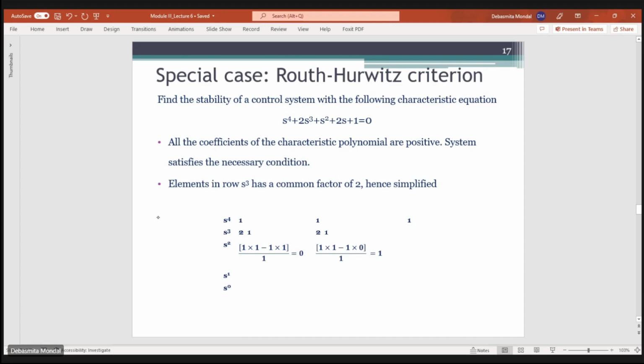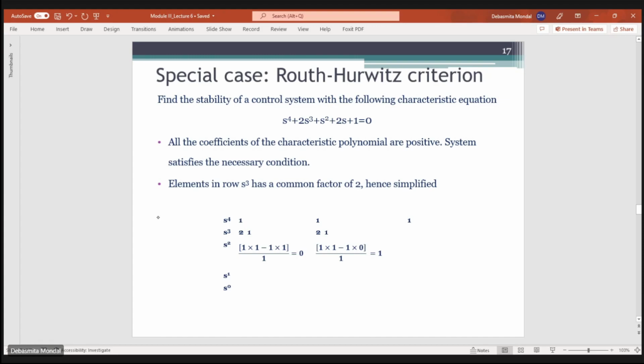Suppose you have this equation: s to the power 4 plus 2 s cube plus s square plus 2s plus 1. So you see, if you form the Routh array, one more thing is that suppose in the second row both the terms are equal to 2. For simplification, if a row has a common factor, you can simplify that row by dividing by the common factor.